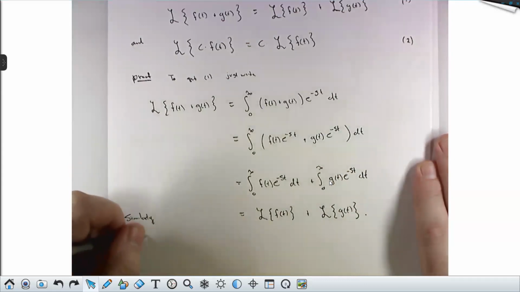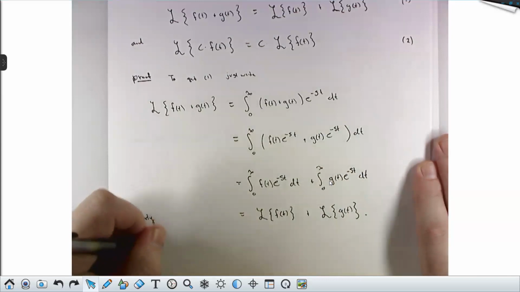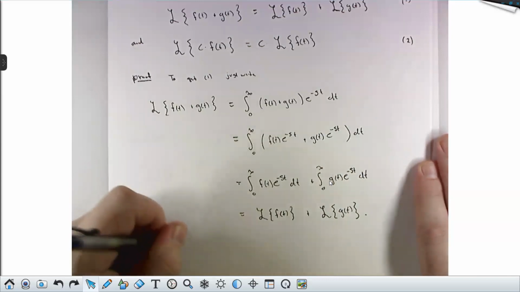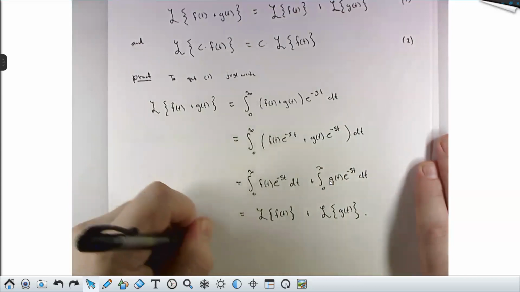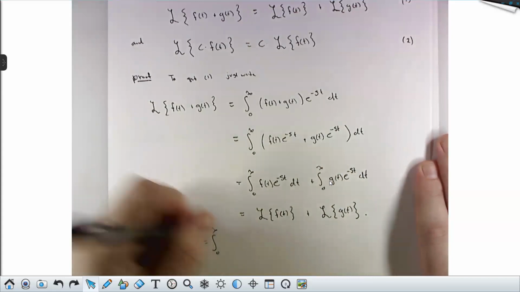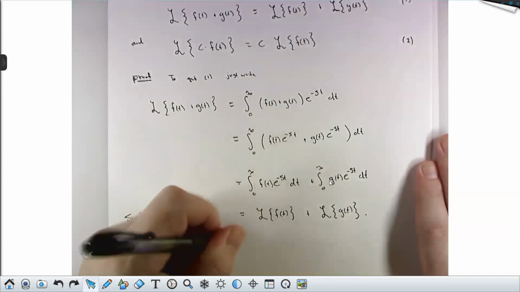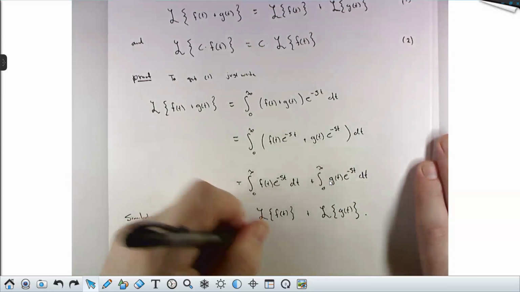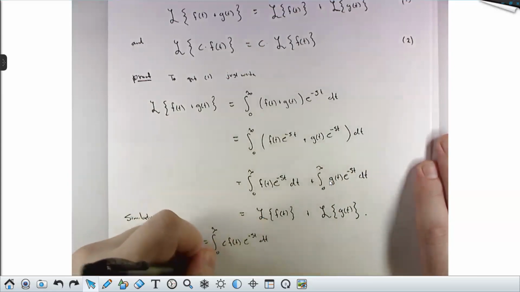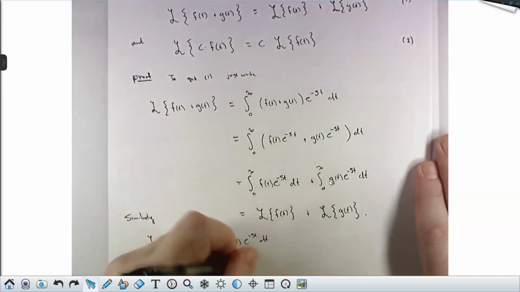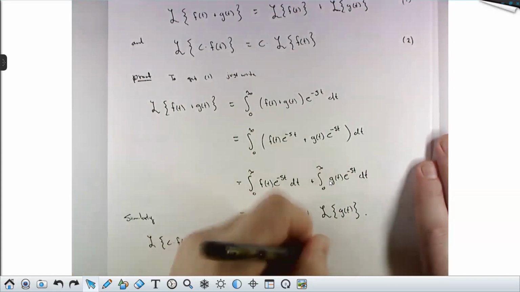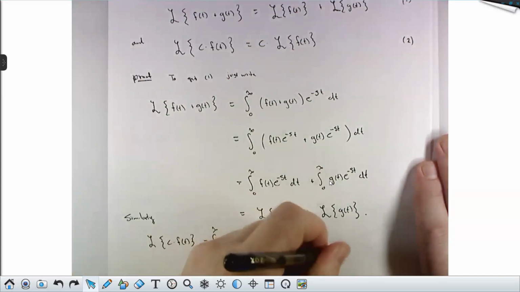Similarly, the Laplace transform of a constant times f of t is the integral from 0 to infinity constant times f of t times e to the negative st dt, is constant times integral 0 to infinity f of t e to the negative st dt, which is that constant c times the Laplace transform of f.